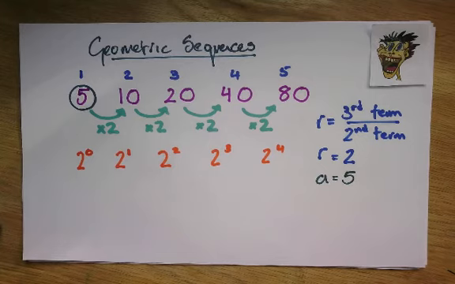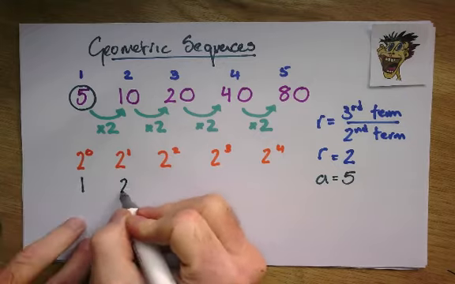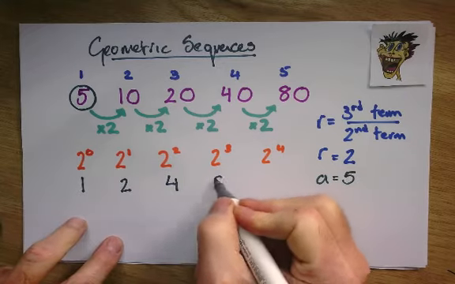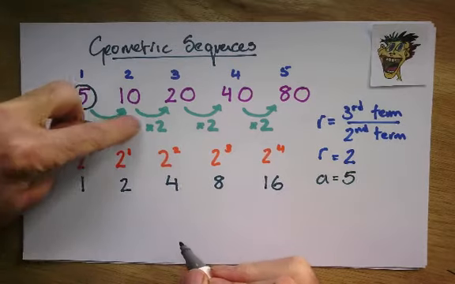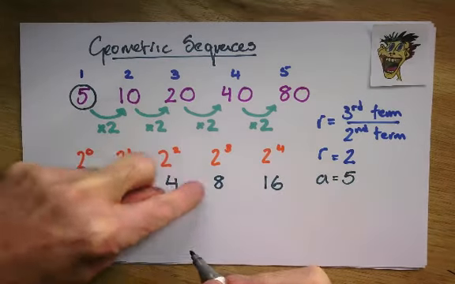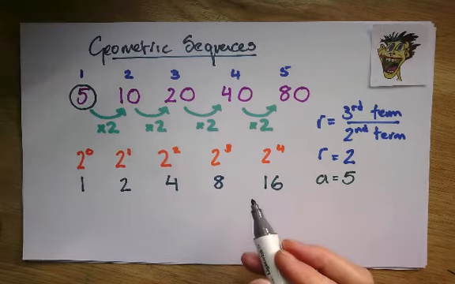Let's see what that looks like. 2 to the power of 0 is 1, and it's 2, 4, 8, 16. Like this. So we can see how that's doubling up.